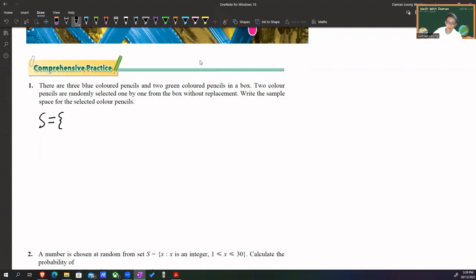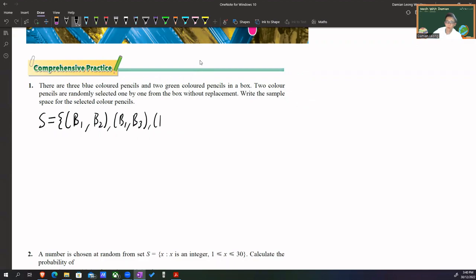So I use blue 1 with blue 2. Blue 1, blue 2. First blue pencil with the third blue pencil.